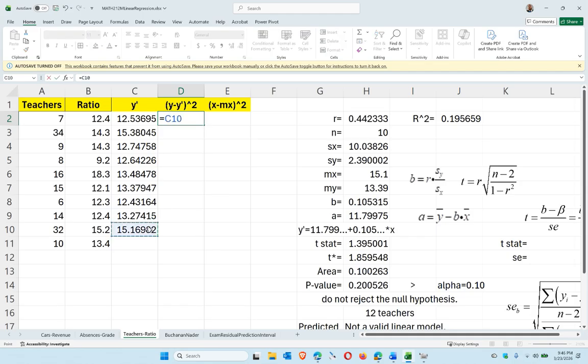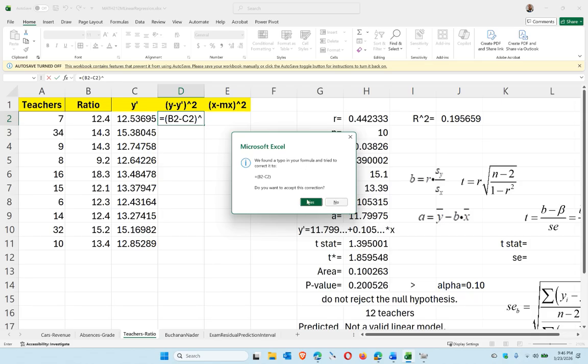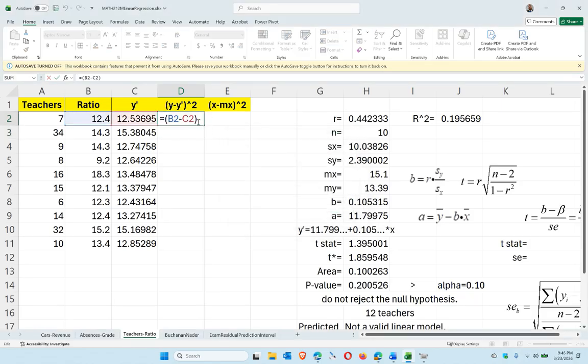Oop, I didn't drag that one down. I don't know why I didn't do that. Hold on, I'll drag that down one more. Okay, so we have the observed minus the predicted squared. There we go. And then we have the observed minus the mean squared.